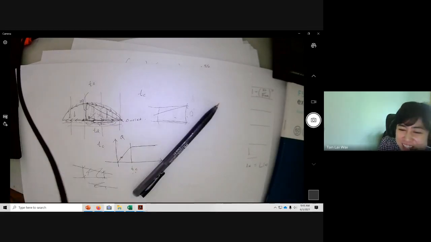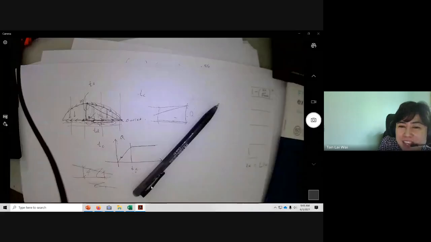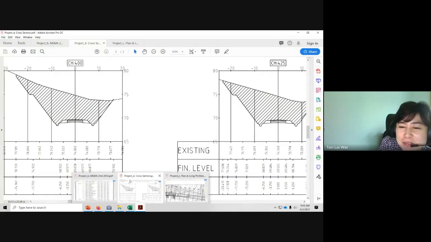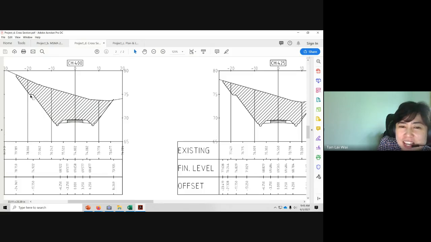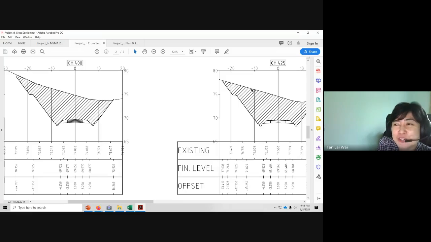Kita pergi balik contohnya, katakan saya nak ambil dua slope ni. Saya nak tahu kecerunan antara 400 dengan 425. Saya kata beza dia 74.922 tolak 74.829 bahagi 25 meter. Boleh tak saya dapat cerun dia? Boleh. Itu saya bandingkan antara dua keratan.